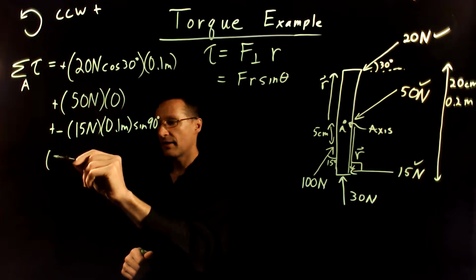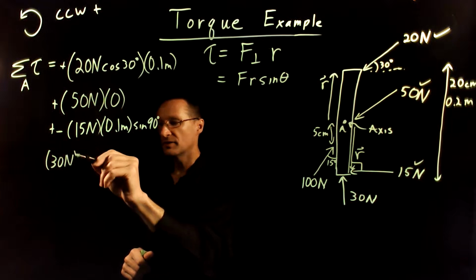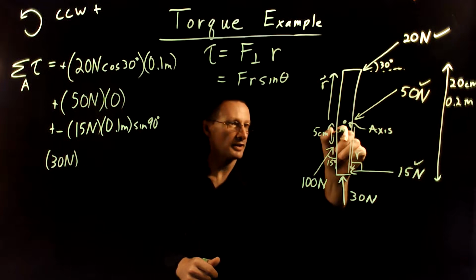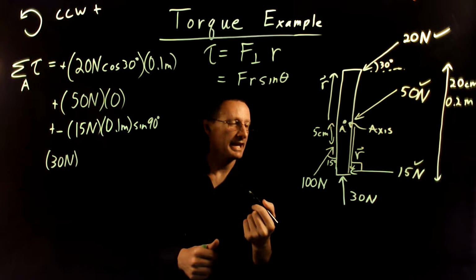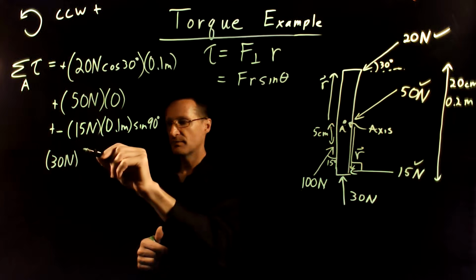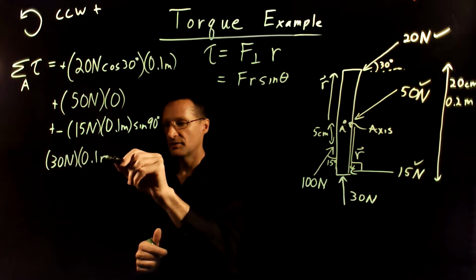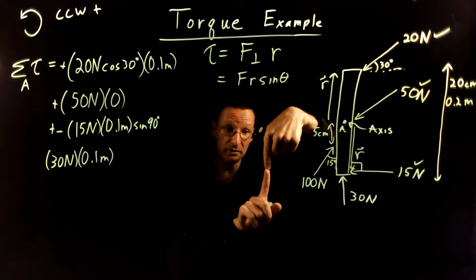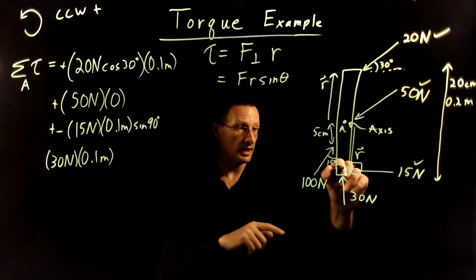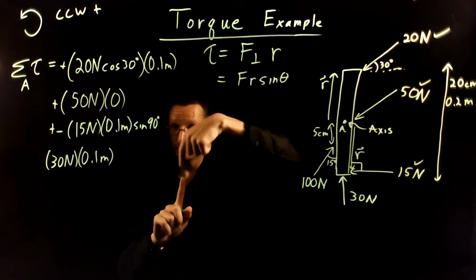So let's add in the 30 Newton force. And that one, R goes from here to here. It's the same R as the other one. And note that those two are parallel to each other, right? They're anti-parallel. So the angle between those is 180 degrees because they're anti-parallel.